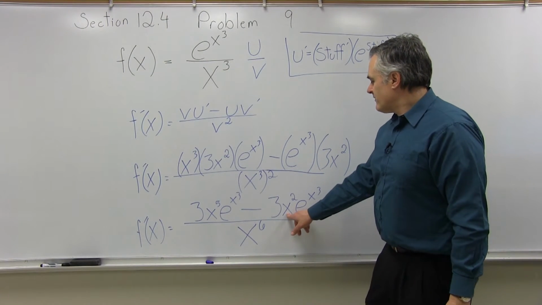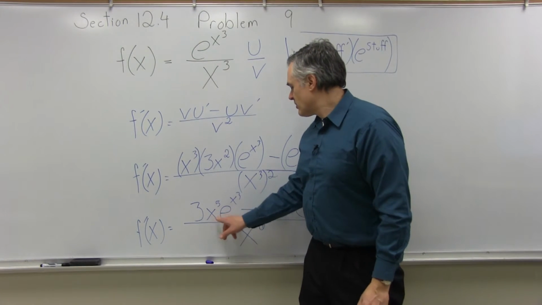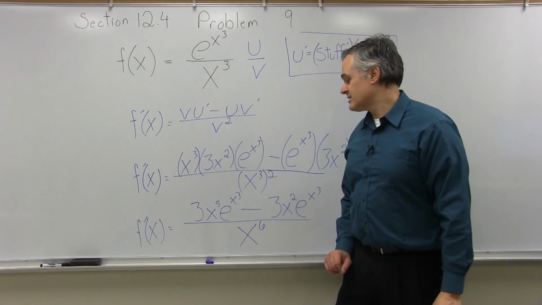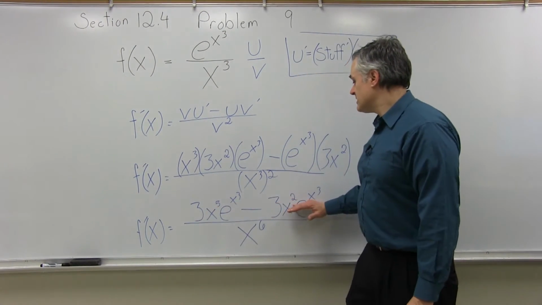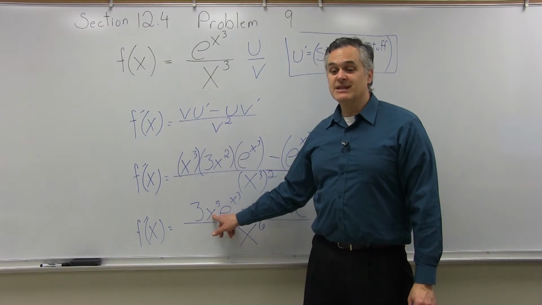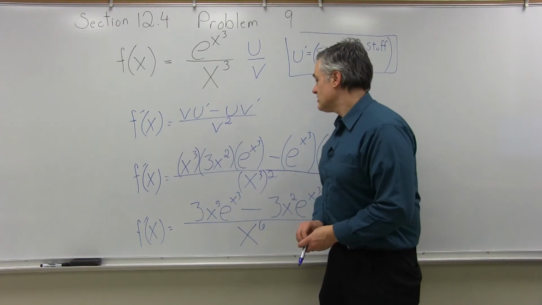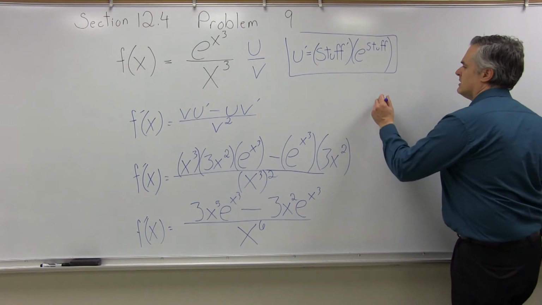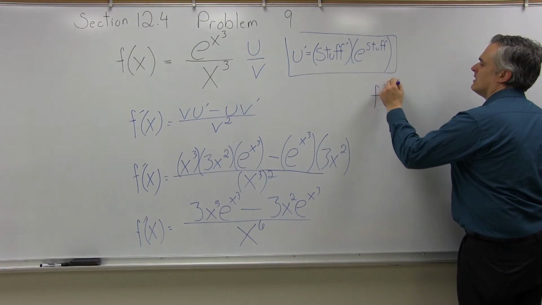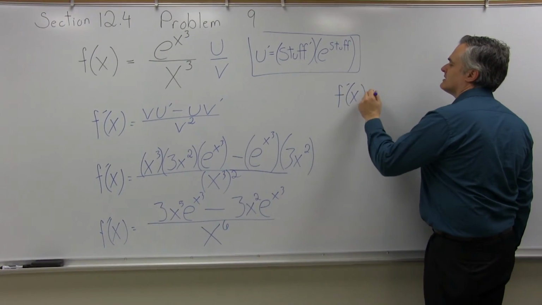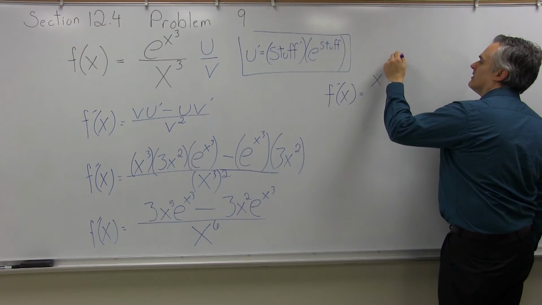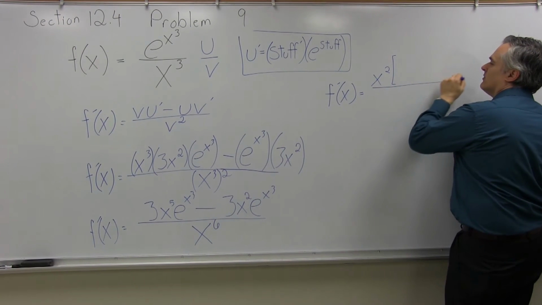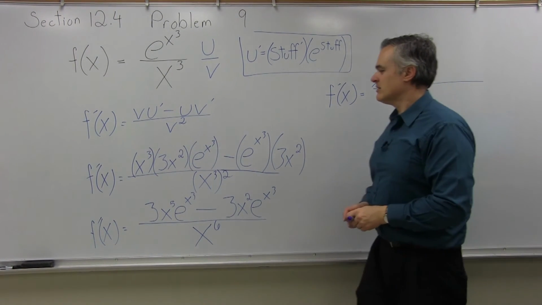And you could still factor out an x squared and reduce it with the x to the sixth in the bottom, because the numerator has 2 pieces, and each piece has at least an x squared in it. So we might as well do that. Let's say f prime of x equals, let me pull an x squared out of whatever I have in the numerator.